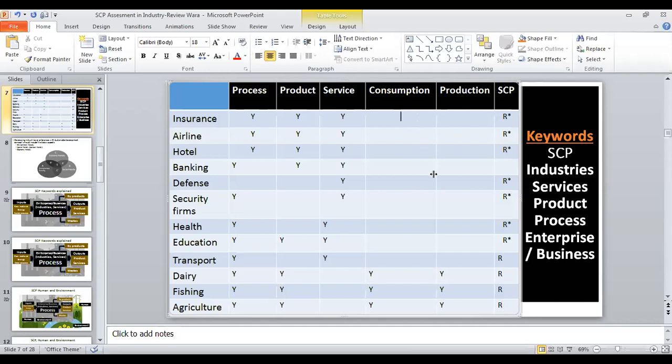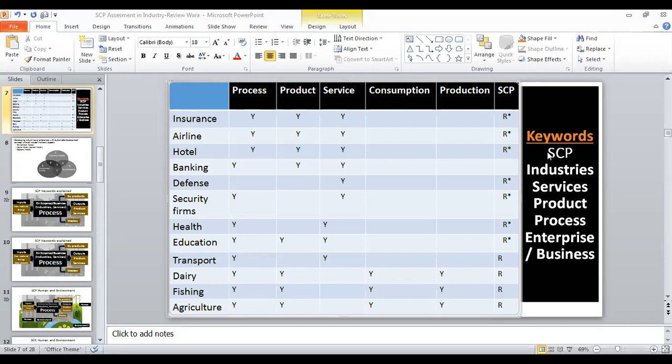So here, consumption and production for the services, there are some aspects, consumption, the usage aspects, and the producing aspects. Usage and producing aspects even in the services. So this is for your awareness, okay?